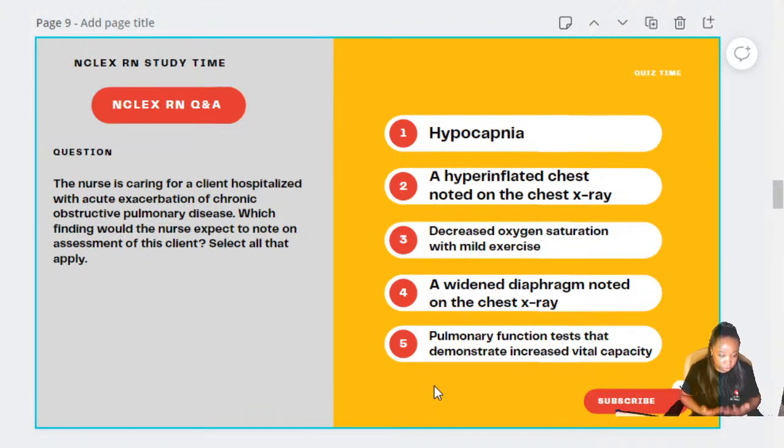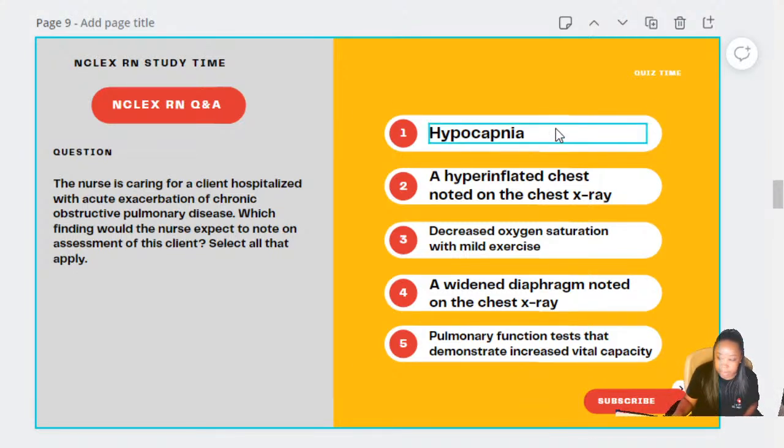That's why they always have to train them to do pursed lip breathing, okay? When they do a pulmonary function test, the vital capacity will be less because the lung is not functioning properly, and that's going to affect the PFT, okay?